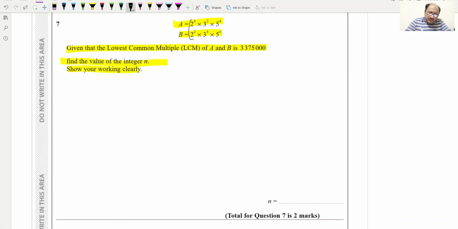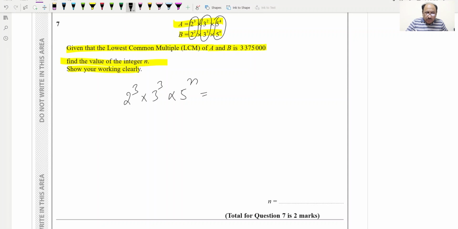We will take the higher power from these two, which is 2 raised to the power 3. Similarly, we can take the higher power of 3 also, which is 3 raised to the power 3, and the higher power of 5 we will be taking, 5 raised to the power n.